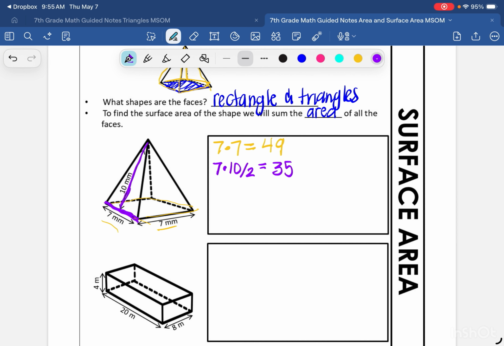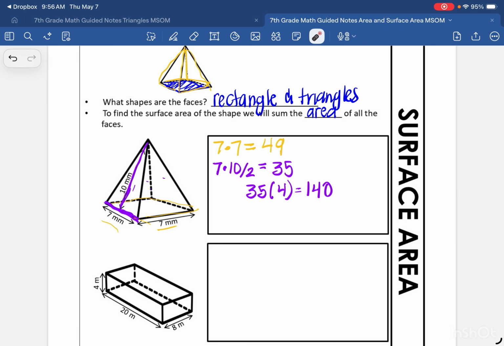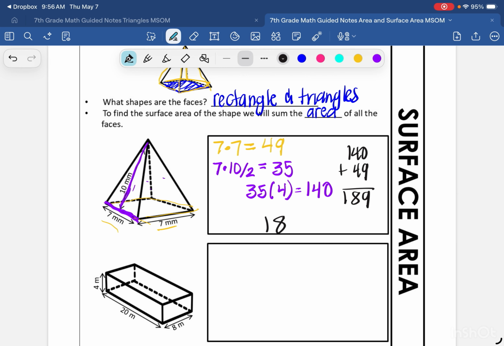So that's for one triangle. But I need 4. So it's going to be 35 times 4 to get the area of these 4 faces. And that's going to give me 140. So I need to add 49 plus 140. And that gives me 189 millimeters squared.